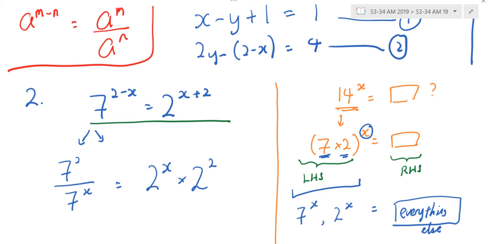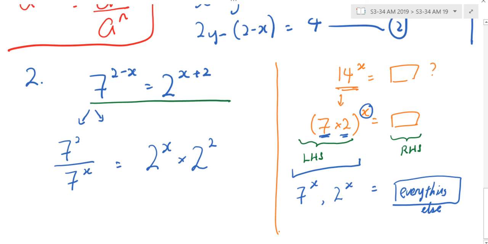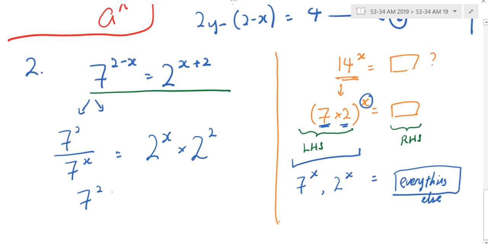Okay. Now over here you see that you start to see the 7 power x and the 2 power x. But one is on the left, one is on the right. The easier way is I cross multiply or I remove the denominator. Okay, so I remove the denominator. So I try 7 to the power of square, 2 to the power of x is over 1.